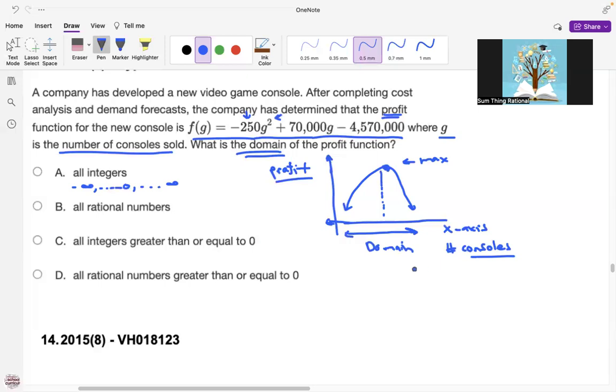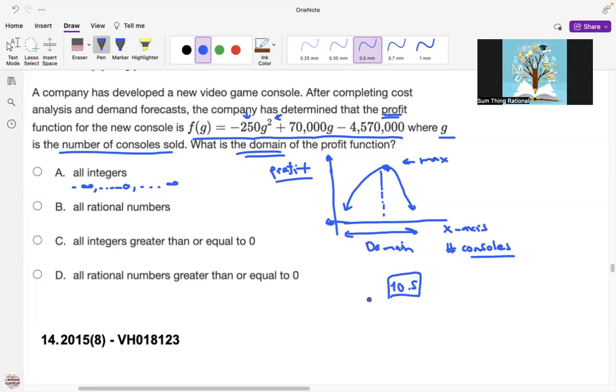If you are running a company, either you will sell 0 consoles, or you will sell many consoles, 1, 2, 300 consoles, 1,000 consoles. You cannot sell decimal consoles, like 10.5 consoles. You cannot divide the console into pieces and sell half, because a console is a complete item, which will be counted as 1.